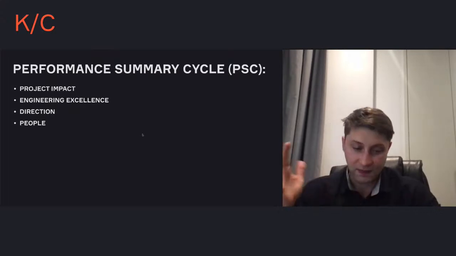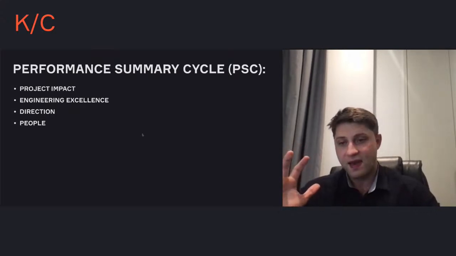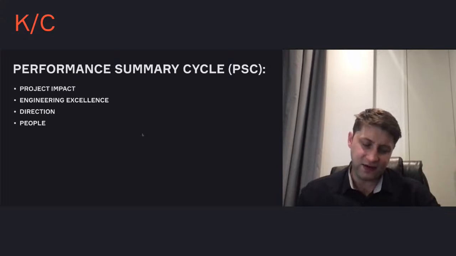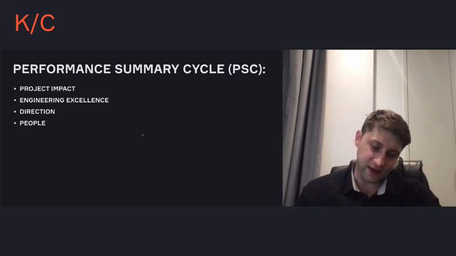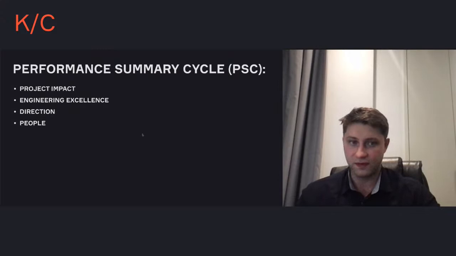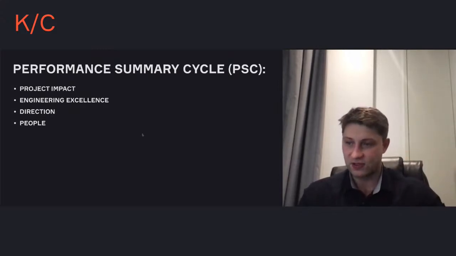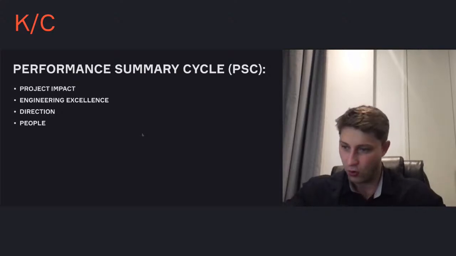But you might bring an impact that is not sustainable because your code was crappy, it's very hard to maintain, and in the next 6 months we'll have a lot of trouble. That's why there is a different axis, called engineering excellence, which is basically the quality of your engineering work.